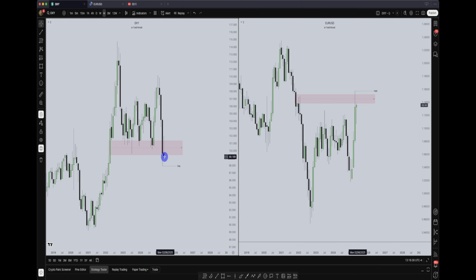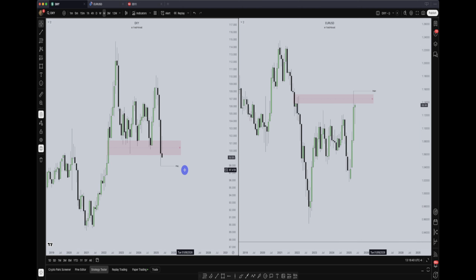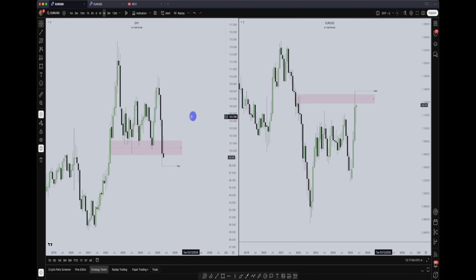If it closes with body, I would like to think in a bearish sentiment. Same here. But what I like here is this wick. You know, wicks do the damage. Only the wick is allowed to go through the fair value gap, but bodies tell us the story. So that's the information we are looking for.